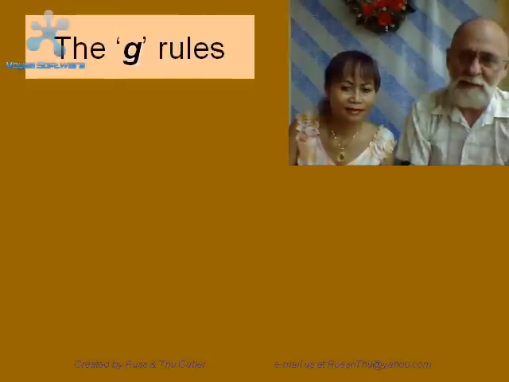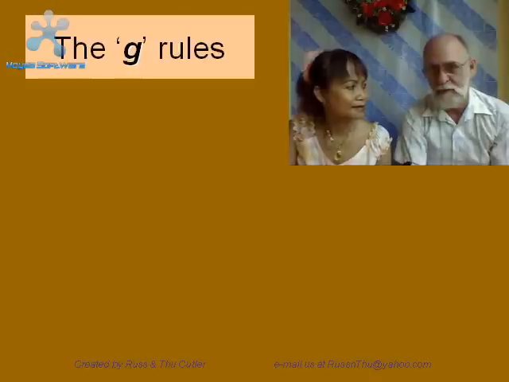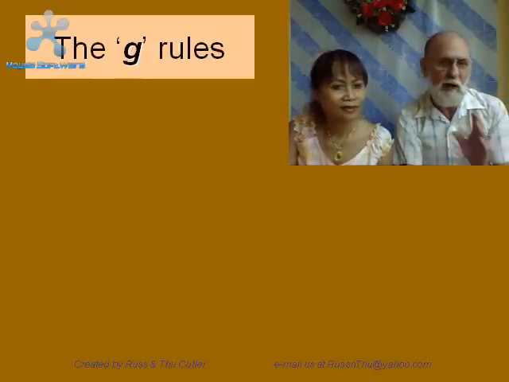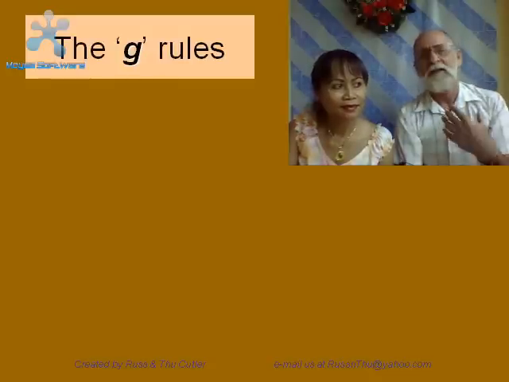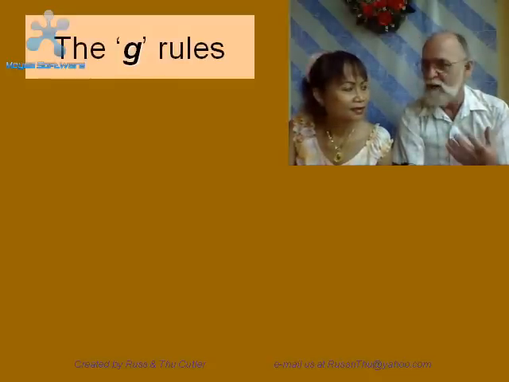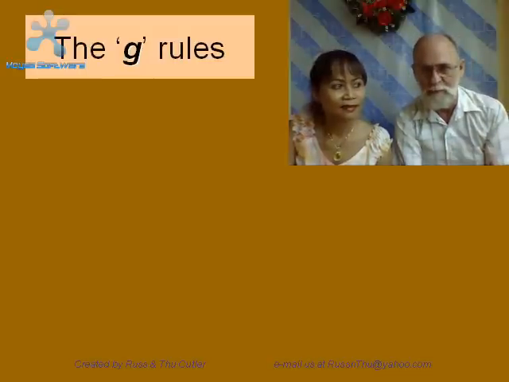Okay, on this slide, remember before we had the C rules, 2 sounds for C. And the way we knew how to say the C was by the vowel that came after the C. So now we have the same thing with G's. G's have 2 sounds.